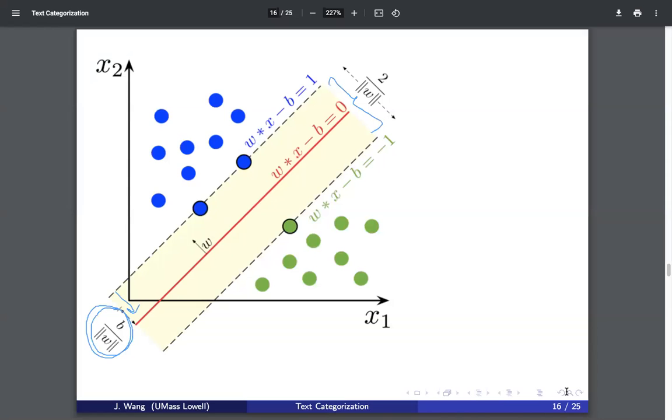So you want the margin to be big. So what do you want? B is a constant, W is not. So you want this norm as small as possible, yet this line still separates them. That of course means the margin is the larger one. So that's the goal.